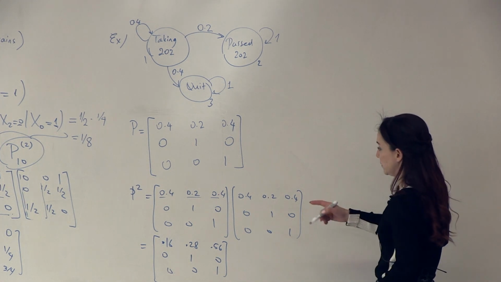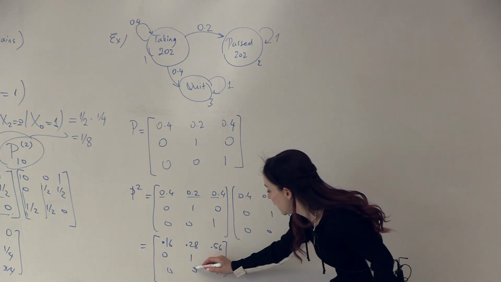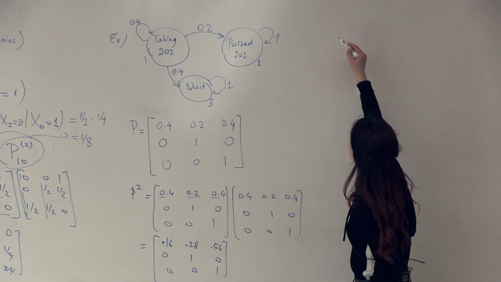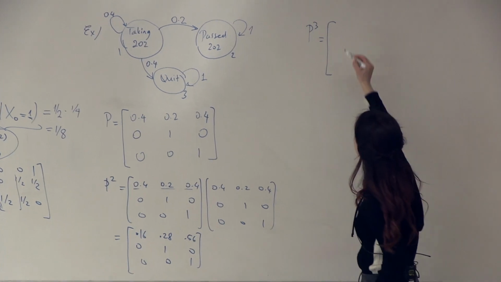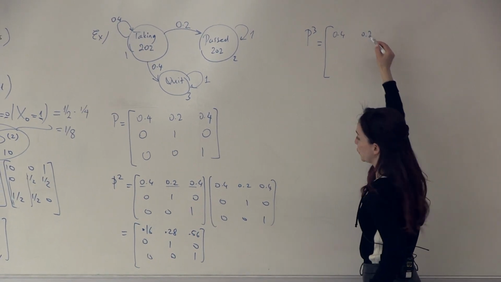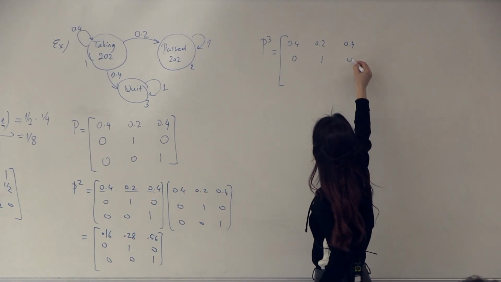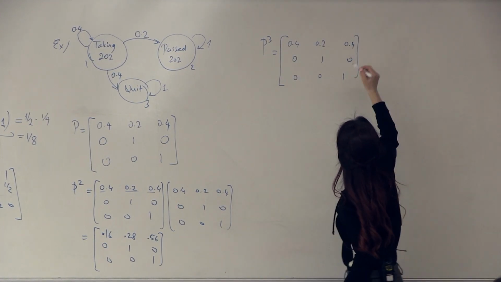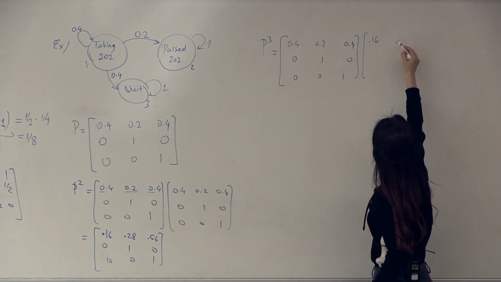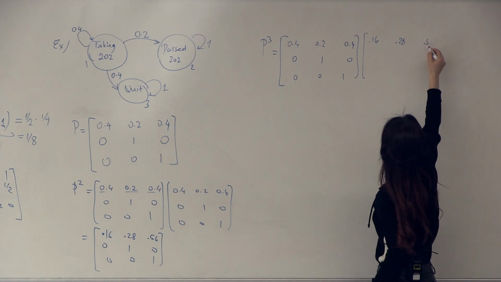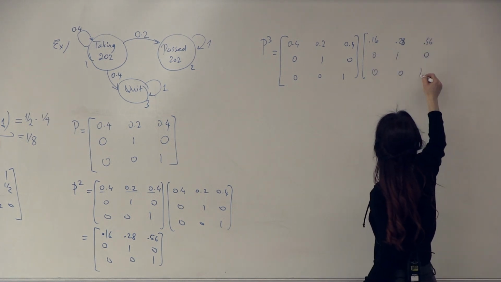Do you see that as we repeat this multiplication, let's try P3 for example, we're going to multiply 0.4, 0.2, 0.4, 0, 1, 0, 0, 0, 1 with P2, which is 0.16, 0.28, 0.56, 0, 1, 0, 0, 0, 1.